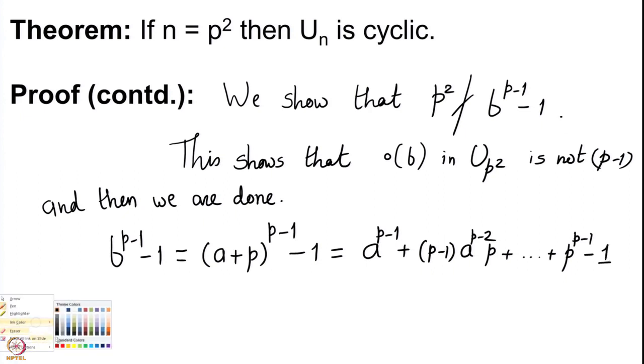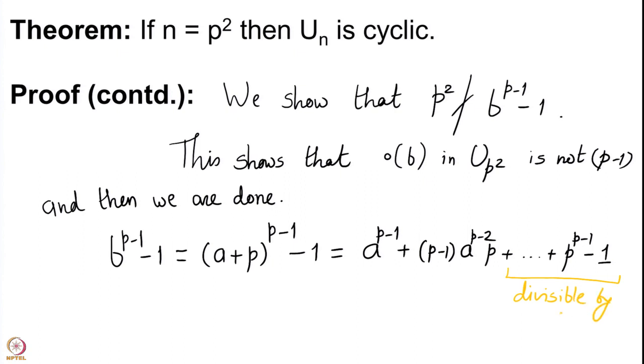So, in this binomial expansion, we notice that the elements from here onwards are divisible by p squared. What we mean to say is that from this up to p^(p-1), these are all divisible by p.